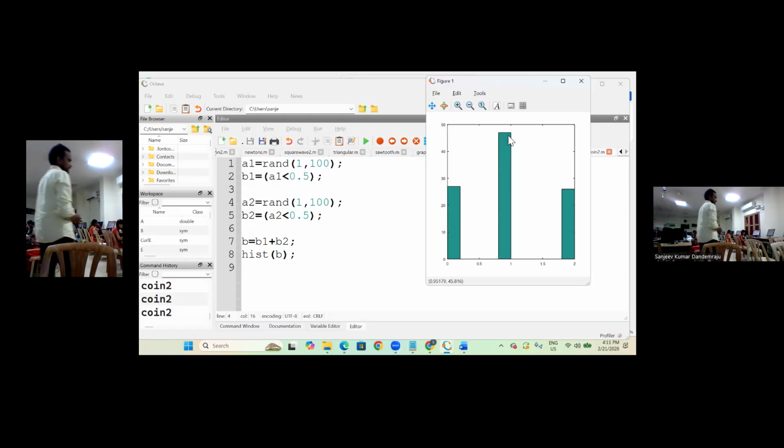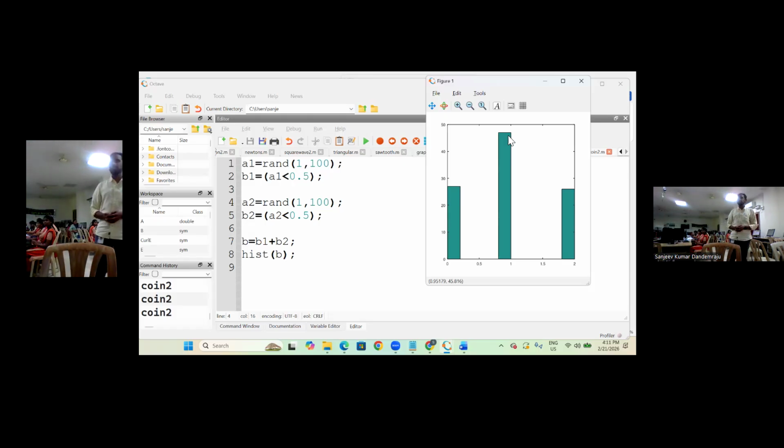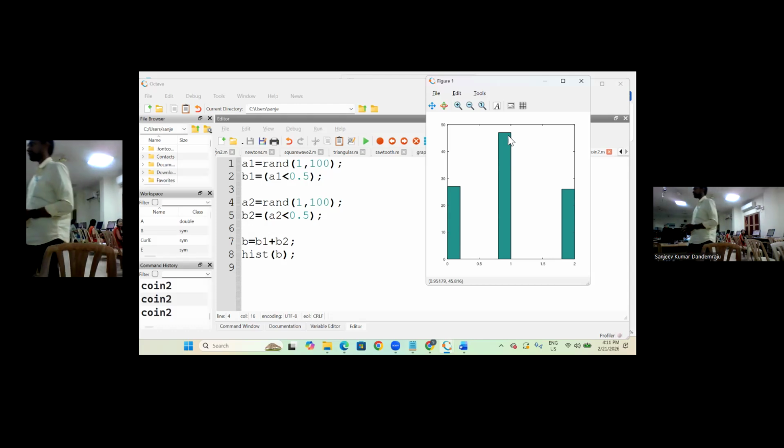So here come the postulates of statistical mechanics. Postulates means rules, the fundamental rules of statistical mechanics. The first rule is all microscopic states are equally probable.